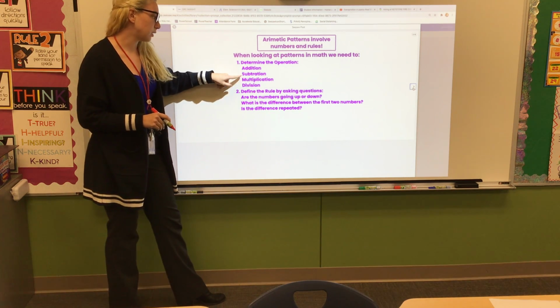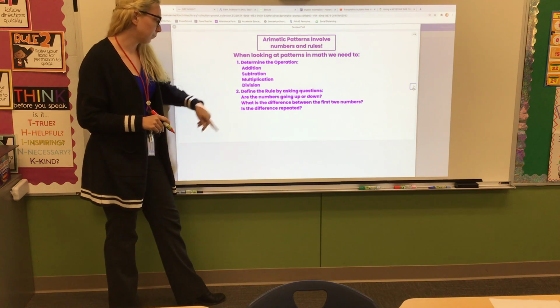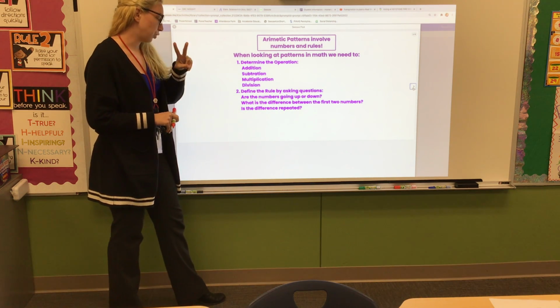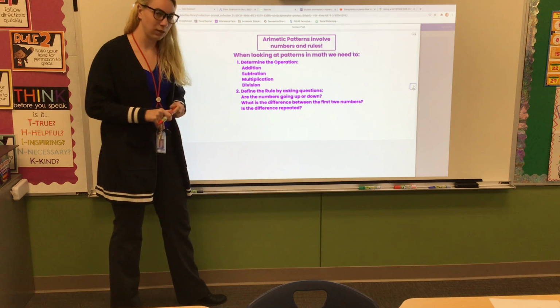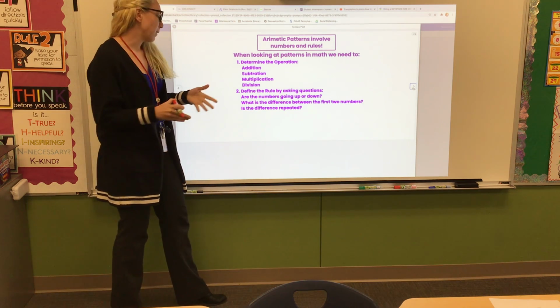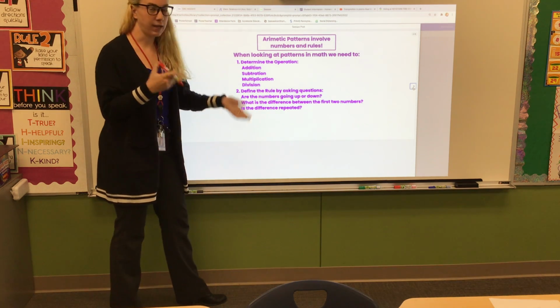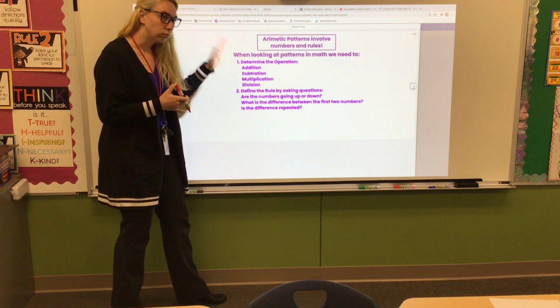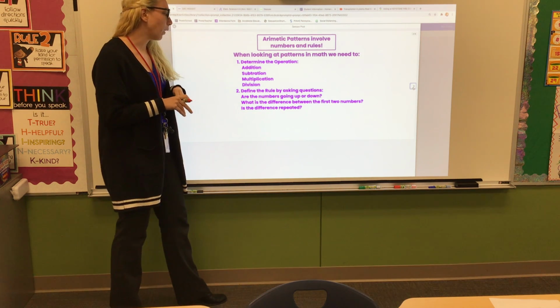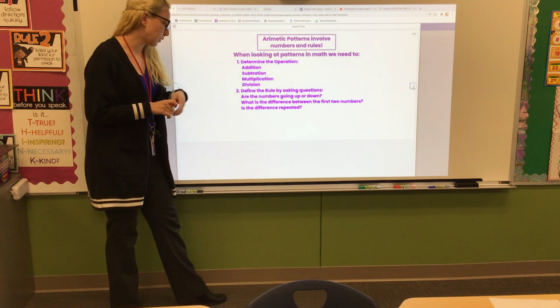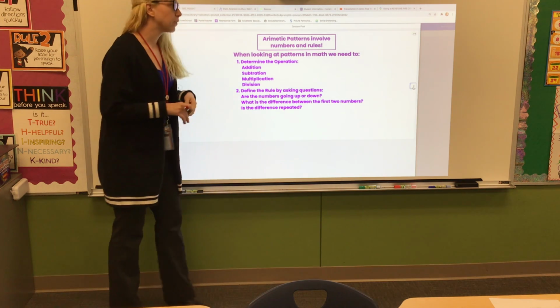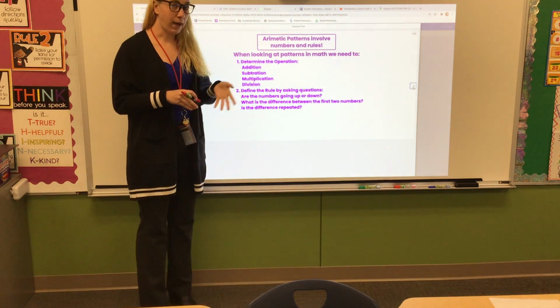Is it addition, subtraction, multiplication, or division? And then we also need to define the rule by asking questions. These questions might be like, are the numbers going up or down? That's how we figure out this. What is the difference between the first two numbers? Is the difference repeated? These are things that are going to really help us find patterns.